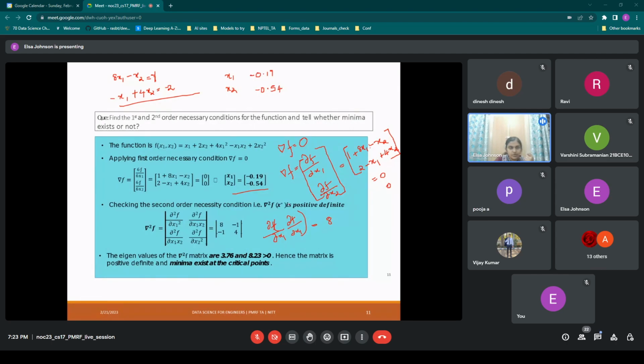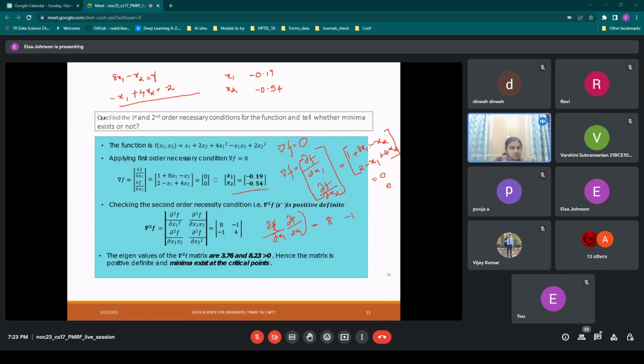So dou f by dou x2 is 2 minus x1 plus 4x2. So dou f by dou x1 here will give you minus 1, right? Then the next one is dou f by dou x2. It's a symmetric matrix only.